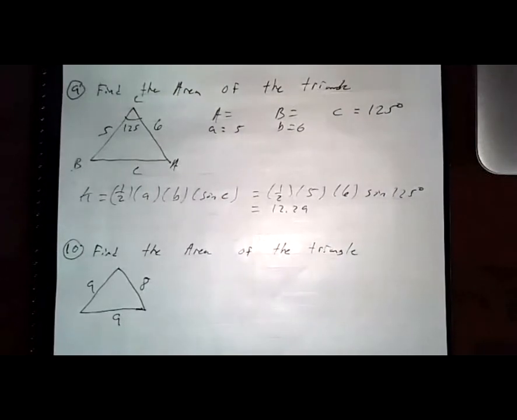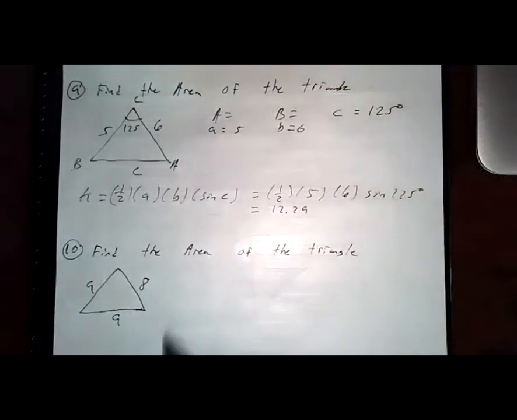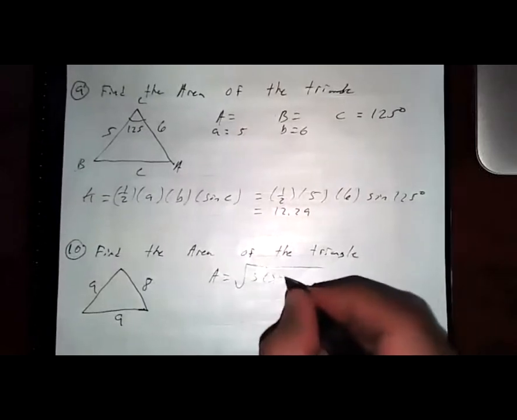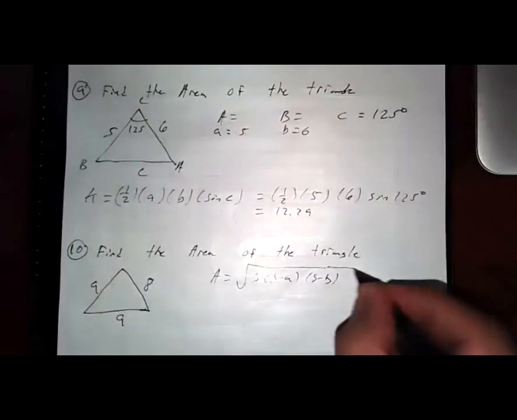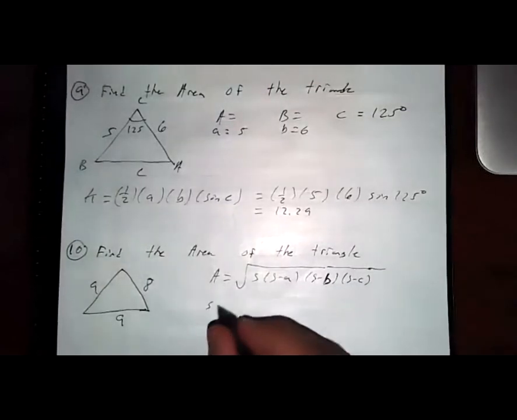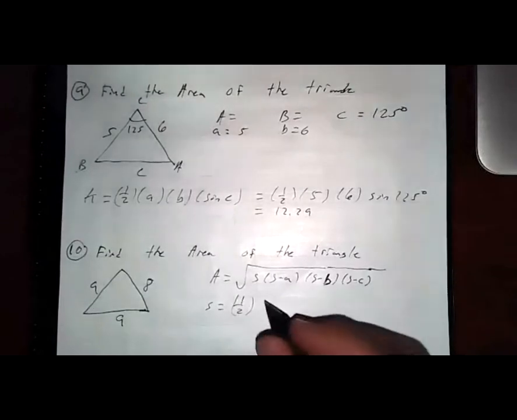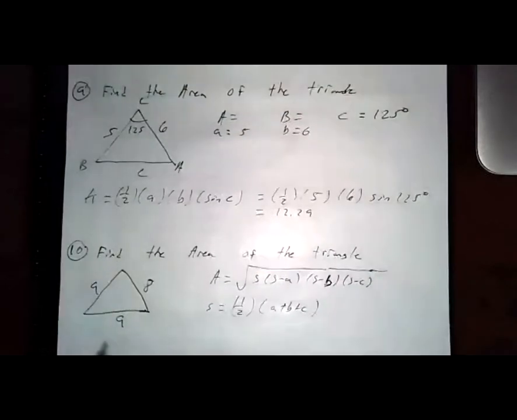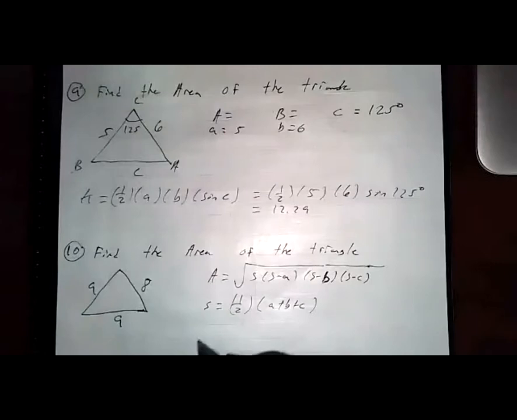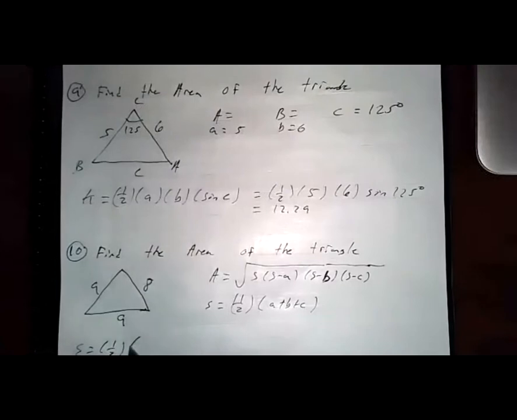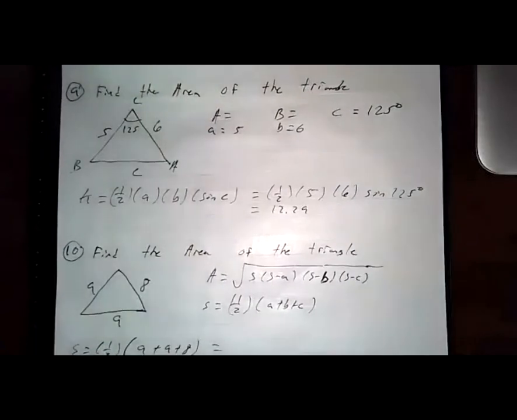Since we have nothing but sides, we should use Heron's formula, which is this guy. A is equal to the square root of s times (s minus a) times (s minus b) times (s minus c), where s is equal to 1/2 times (a plus b plus c). So let's find s first. s is equal to 1/2 times 9 plus 9 plus 8. What is that going to be?